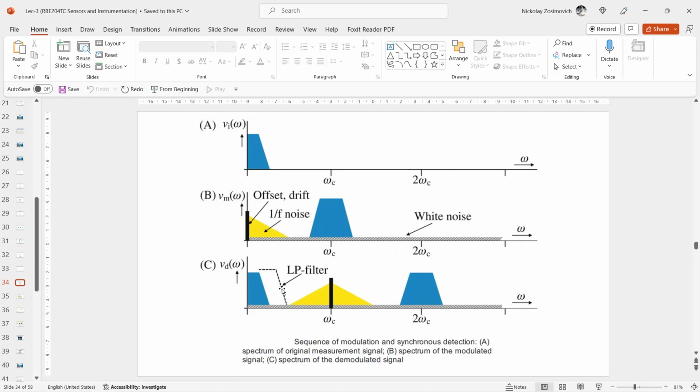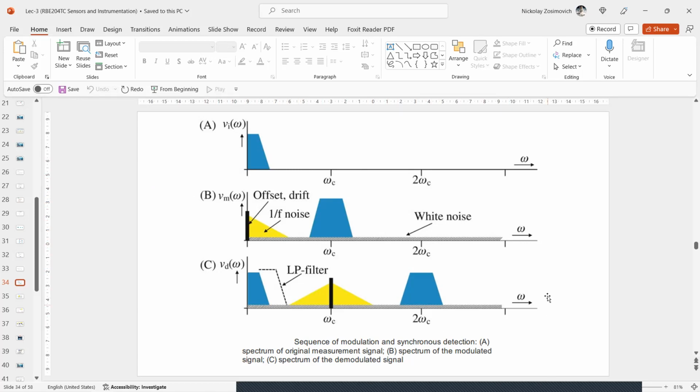The spectrum of the resulting signal is depicted in figure B of the list, showing the AM spectrum of the measurement signal and some additional error signals introduced by the amplifier. What do we have? We have offset in this part at the beginning. It's a DC drift, 1 over f noise, LF, and wideband thermal noise.